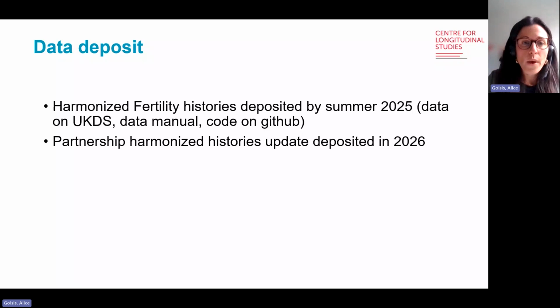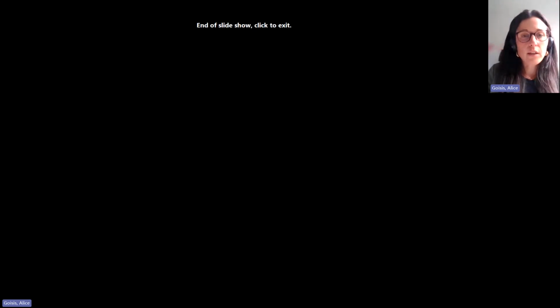So as I mentioned, we are planning to deposit the harmonized fertility histories by summer 2025, and that will include depositing the data on UKDS, and this data will have the same IDs as in the main cohorts data, so you will be able to link it and merge it, a data manual, and also a code on GitHub. And for the harmonized partnership histories updates, we are planning to deposit that in 2026. And that's all for me.